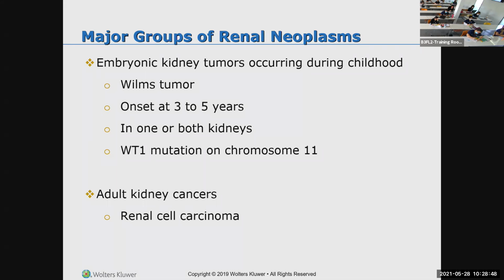Wilms tumor onset is 3 to 5 years, in one or both kidneys. Prognosis is not good, maximum 5 years survival after surgery, chemotherapy and radiation. In adults, we have renal cell carcinoma.